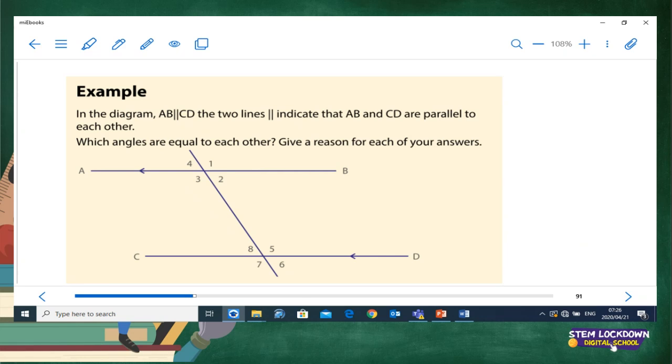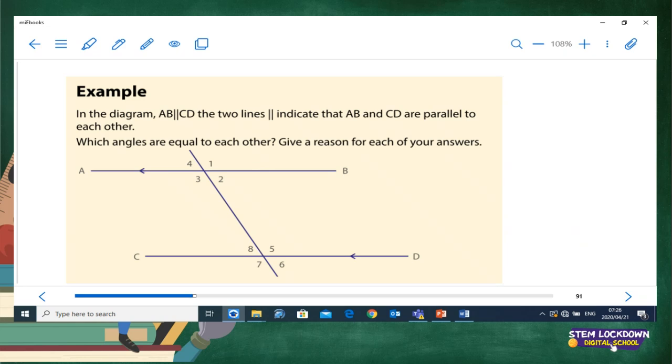So I want you to take this diagram, this example, and list the other pairs of equal angles in this diagram. And you can use the angles that we have learned. You need to now expand it, move from angles on a straight line, because 1 and 4 are angles on a straight line. They are not equal, but their sum is 180 degrees.